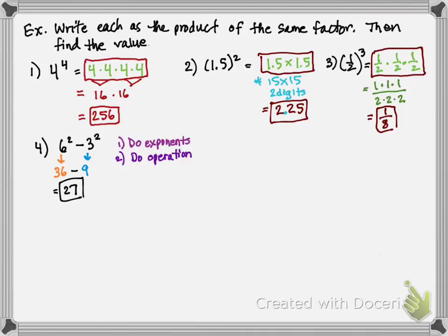Now I have one more set of directions, and then we'll be done for today. Write each product using an exponent. So now this is us taking expanded form and rewriting it in exponential form.